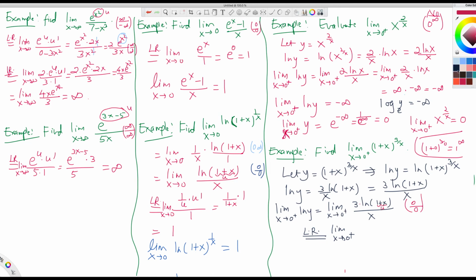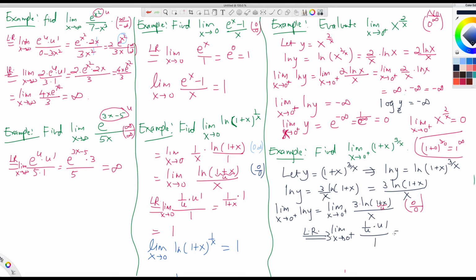So what is the derivative of natural log of u? Let me write down 3 here, times the derivative of natural log of u, which is 1 over u times u prime, over the derivative of x. L'Hopital's rule says that you can find the derivative of the top and the bottom separately. The derivative of the bottom is 1.